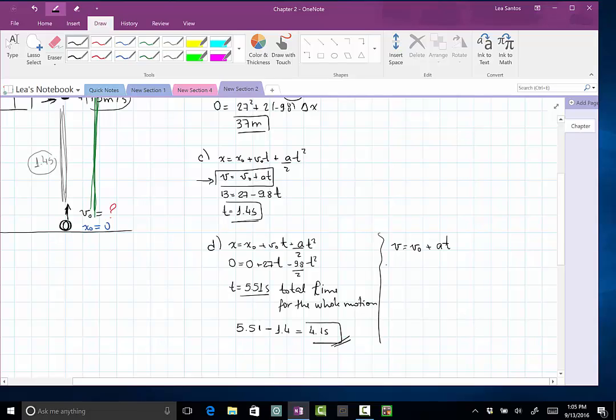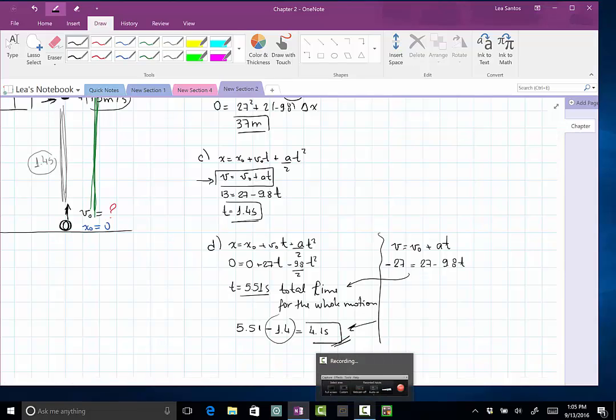When you come back, you are again at 27 meters per second, but pointing down. So from this equation, you can again find the total time, and then subtracting the time to get to the window, we'll go back to the answer, 4.1 seconds. And there are other alternatives also to solve this problem, so use your creativity.